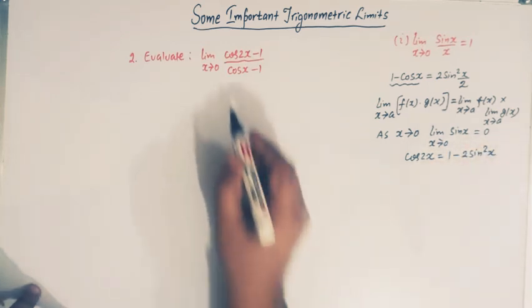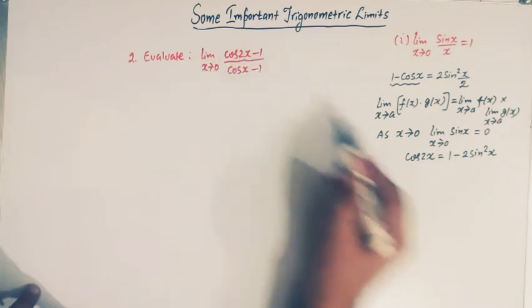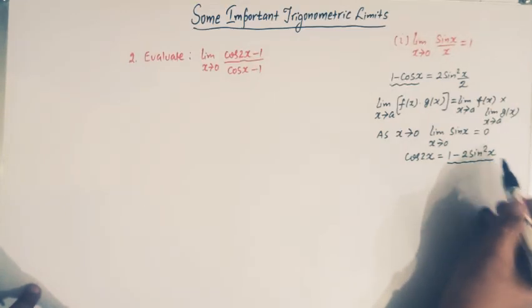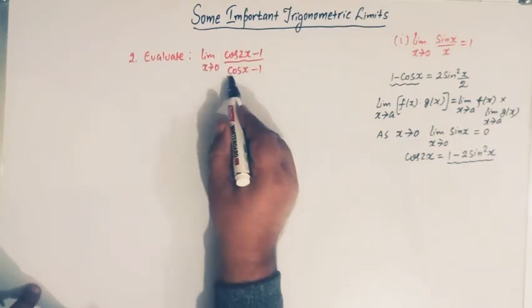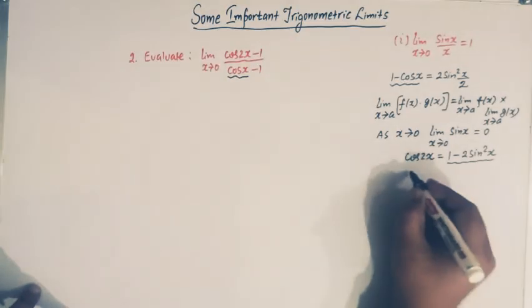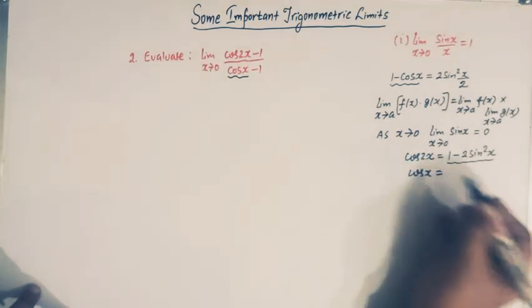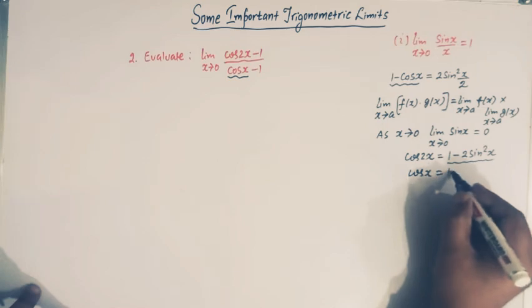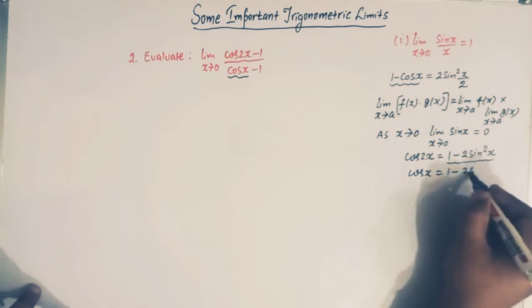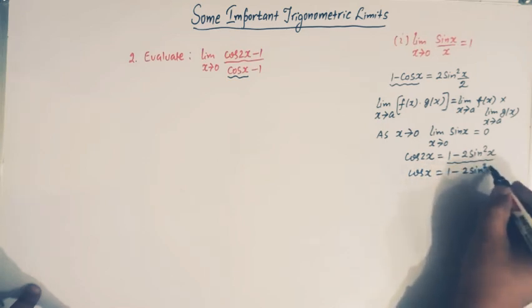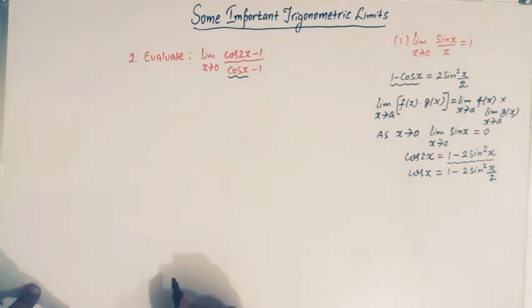For this cos 2x we can substitute this value, and for cos x we can write 1 minus 2 sine square x by 2.